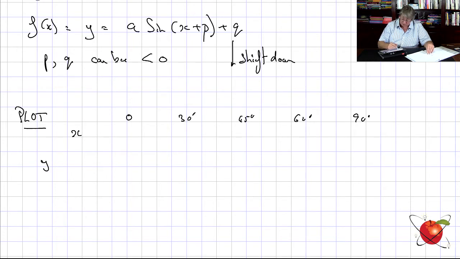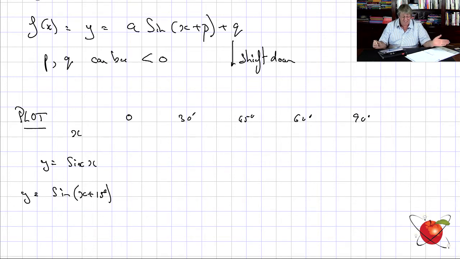Here we're going to have y equal to sine x, and over here y equal to sine of x plus 15 degrees. Let's see what it does, shall we? First of all, I'm going to put in a 15 and a 30 degrees over there.